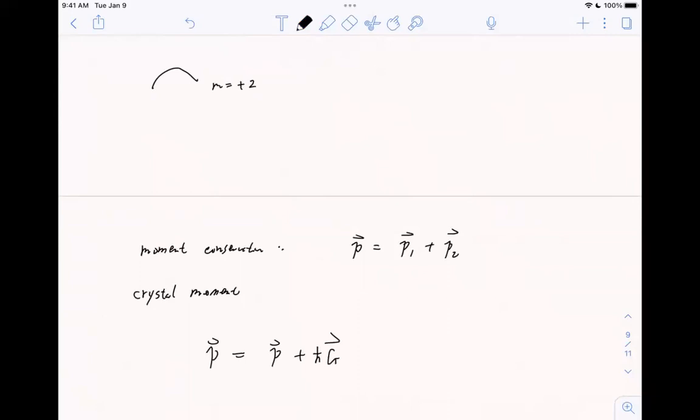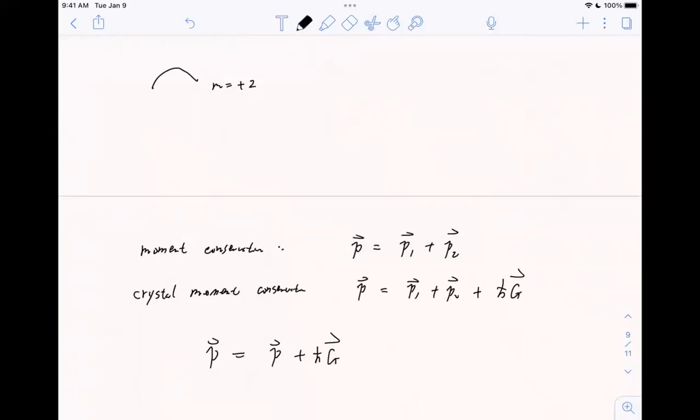Crystal momentum and momentum are usually the same, but once you consider conservation, then crystal momentum has this. All of them are the same. So for crystal momentum conservation, this P can be P1 plus P2 plus a reciprocal lattice vector.